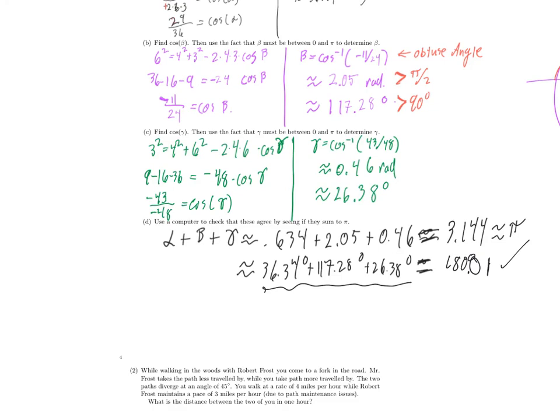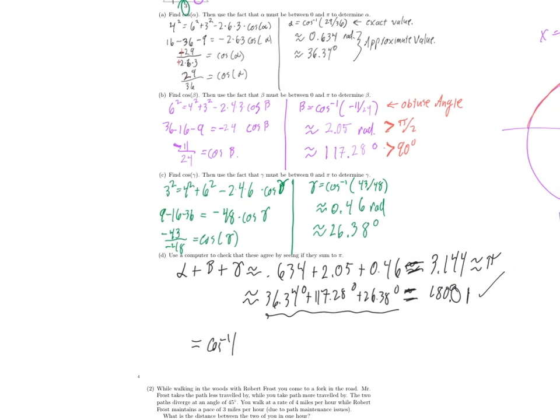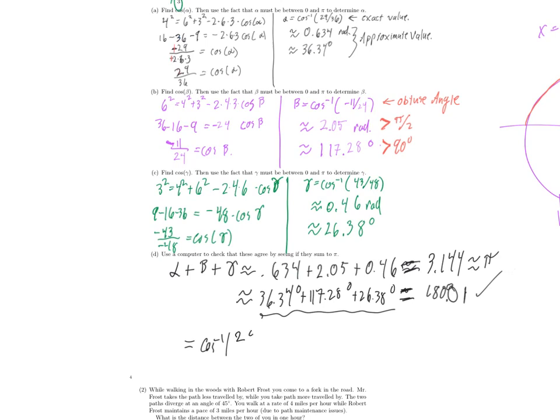If you really want to know, well, then you can use a machine. So this will be exactly equal to cosine inverse of 29 over 36 plus cosine inverse of negative 11 over 24 plus cosine inverse of negative 43 over 48.